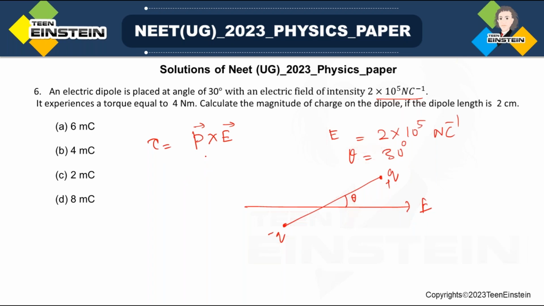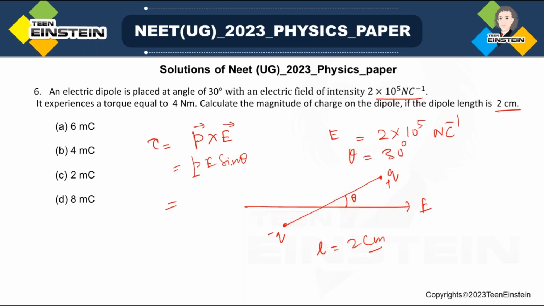P E sine theta. E is given. Dipole moment is not given. This P can be written as, let us say the length of the dipole is 2L or L, or here it is given as 2 centimeters. So L is 2 centimeters. That is the length of the dipole.